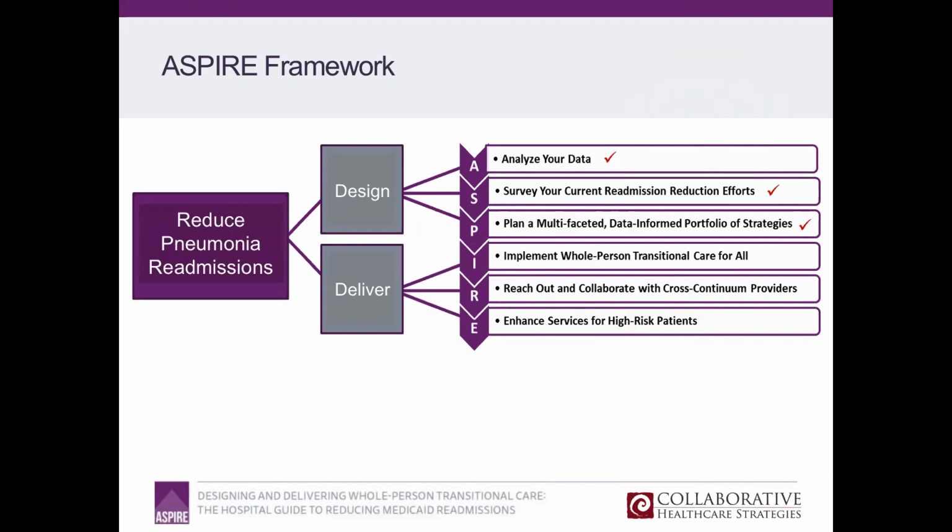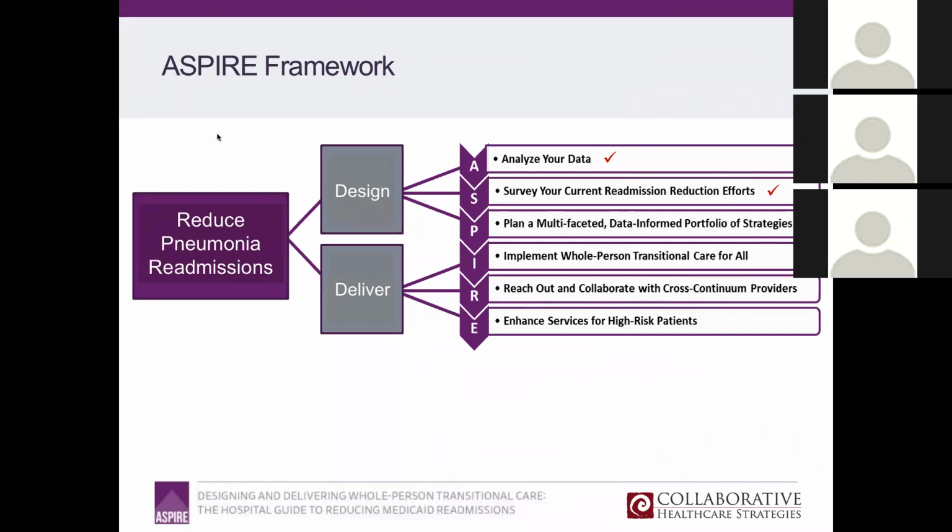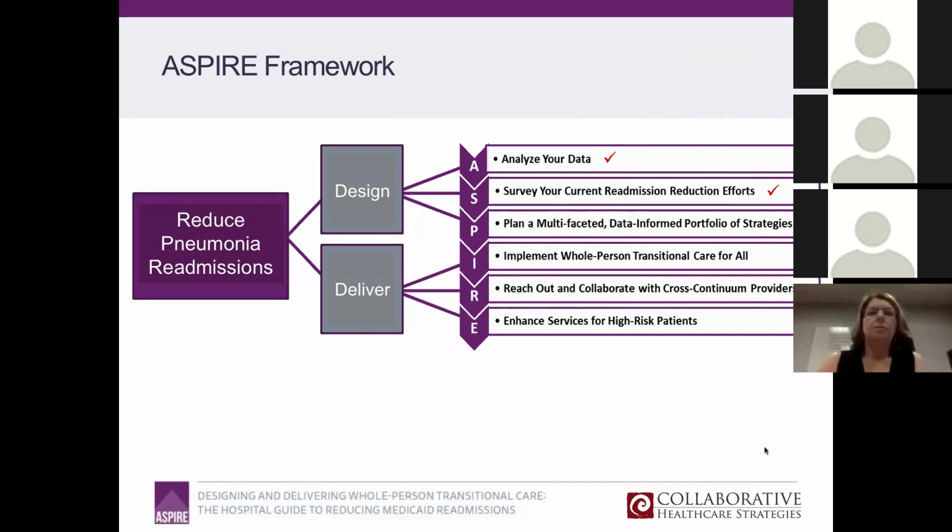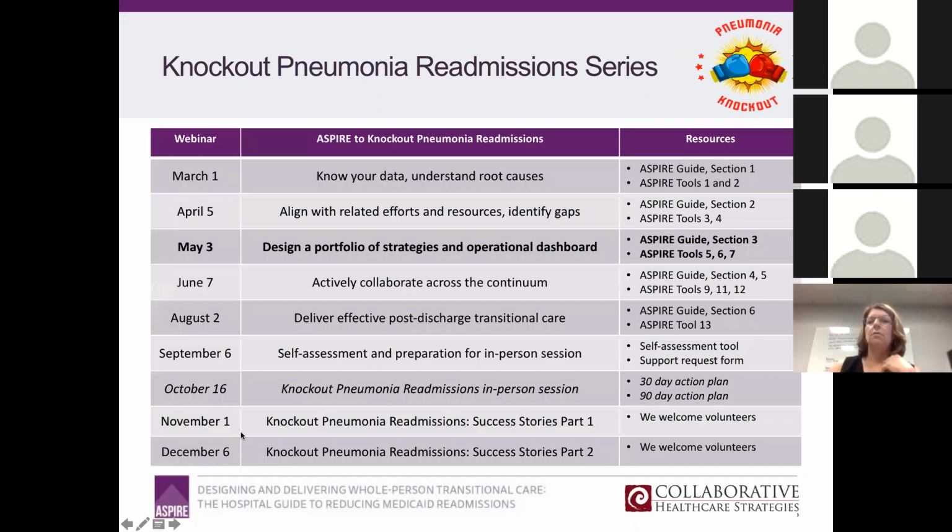It includes reaching out to collaborate with cross-continuum providers in the post-acute care and community-based setting, as well as delivering enhanced transitional care services for patients who are at highest risk of readmission. So that's the ASPIRE acronym, and it's the framing strategic approach of the ASPIRE guide. So we are working our way systematically through that content.